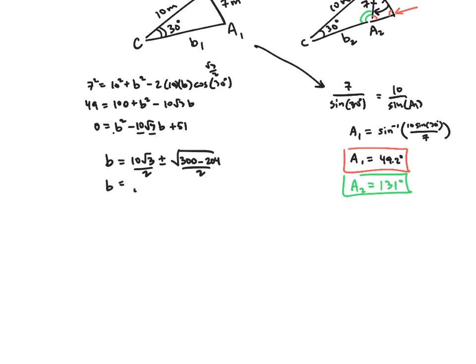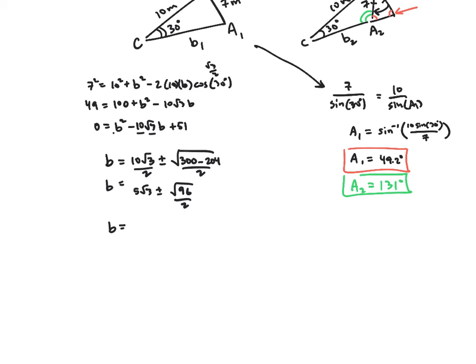So I'd get 5 root 3 plus or minus the square root of 96 over 2. Well, 96 has a perfect square that goes into it. 4 goes into it 24 times, but so does 16, I believe. Yes, it goes into it 6 times.